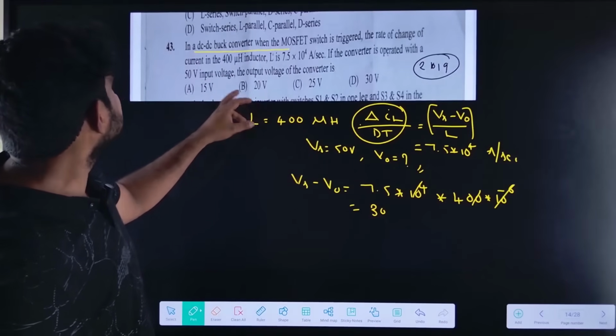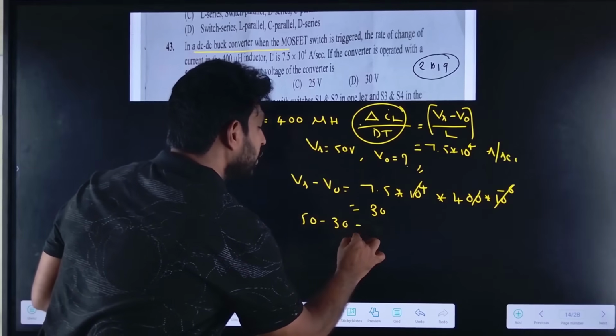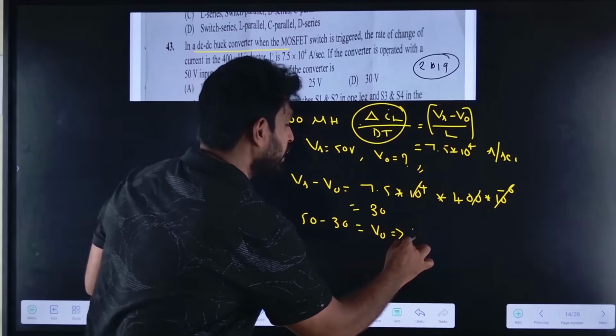Vs is 50 volts, so 50 minus 30 equals V naught. So V naught equals 20 volts.